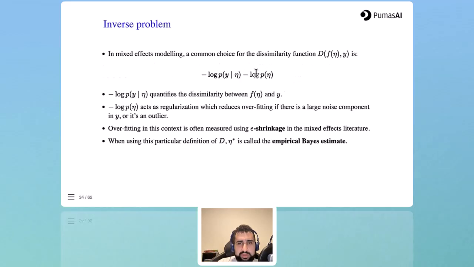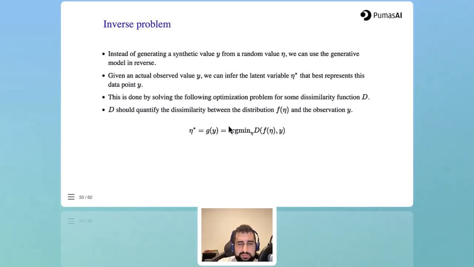Let's think of this function here, g of y. If I give you a value of y that's maybe an image with 1,000 pixels, it can return a value for eta star that is only a vector of length 10. So I've essentially reduced the dimensionality of this 1,000 dimensional data point to just a 10 dimensional vector.